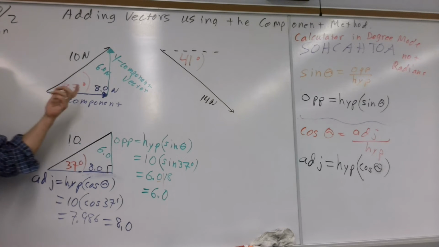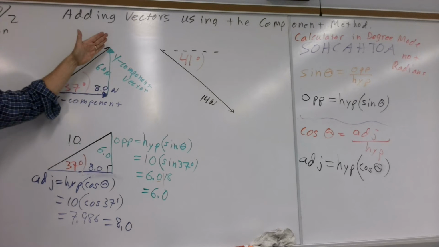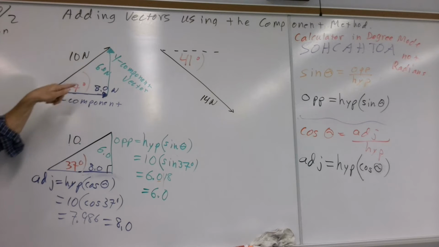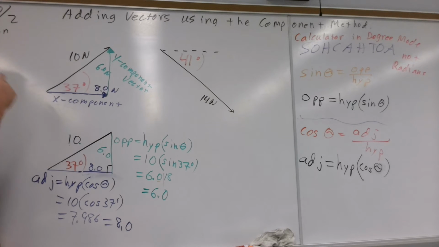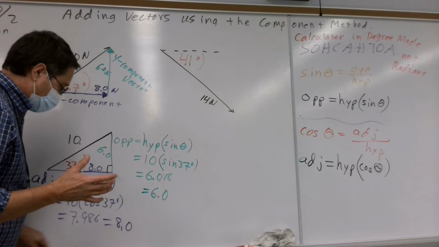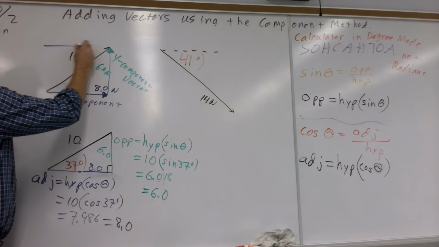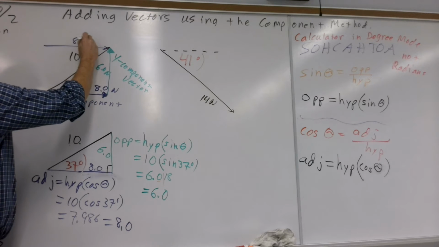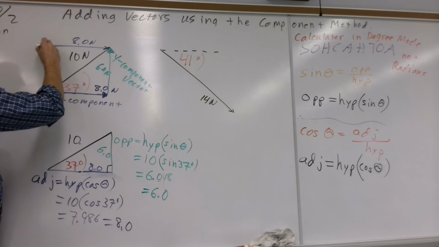So these are the only 2 component vectors that can exist for this 10 Newton vector at that angle above horizontal. Now, I can put them in different places, but if you connect them head to tail, it's going to look like that. Now, you can also put the blue one here, and the green one could be over here, right?